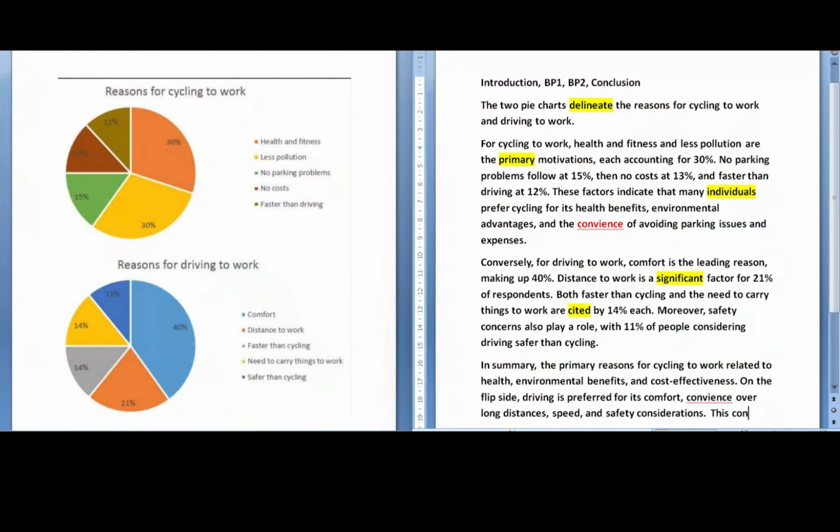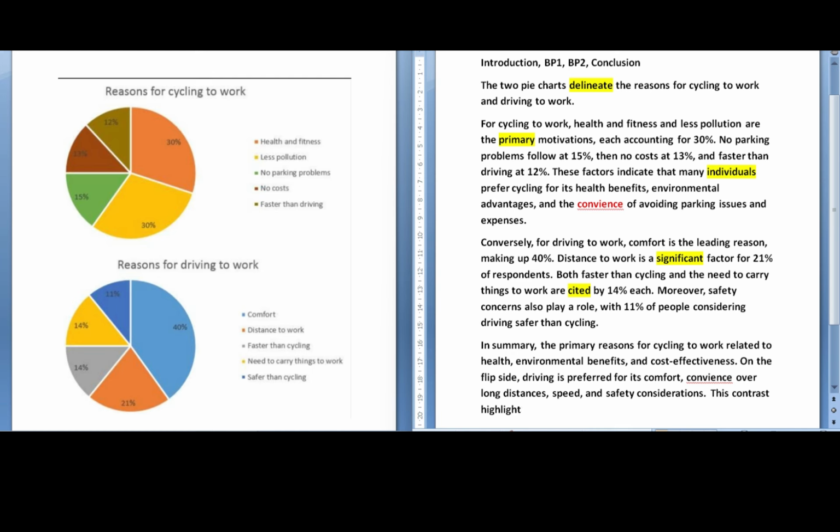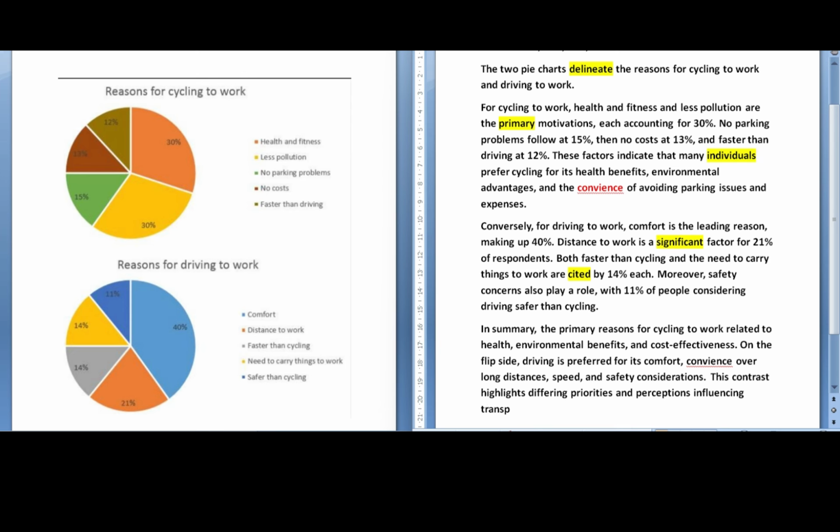This contrast highlights differing priorities. All good. Priority, P-R-I. Priorities and perceptions influencing transportation choices.